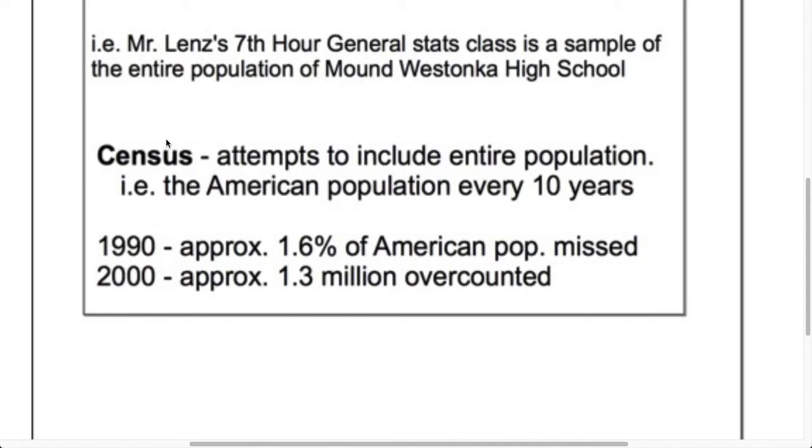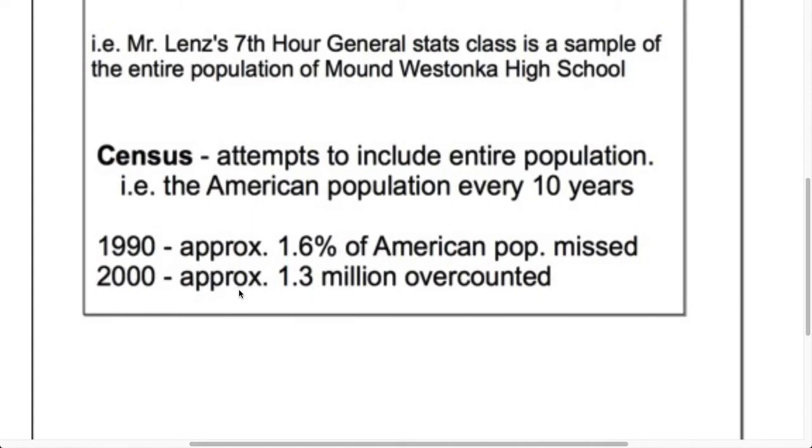And you'll even see they hire people to walk through neighborhoods so that if you haven't taken the census, not only do they send you mail and probably emails, but they have people walk and knock on your door and remind you to take the census. And again, it's nearly an impossible task to get everyone. So in 1990, it was estimated that about 1.6% of the population was actually missed, was not counted.